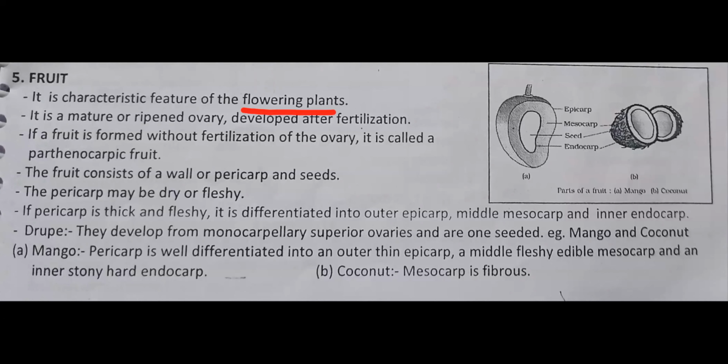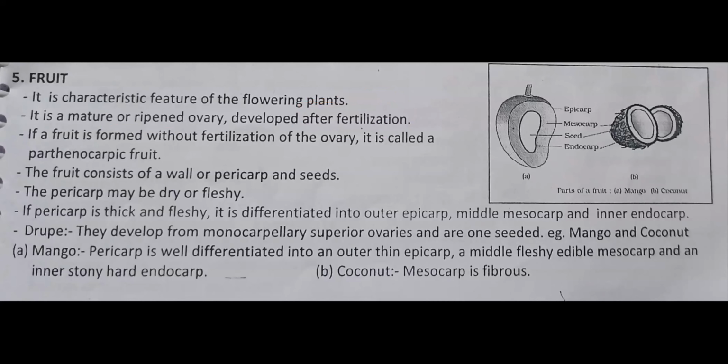Basically, we can say that fruit is a mature or ripened ovary developed after fertilization. Okay, fruit, remember, is formed from the ovary after fertilization. So mature ovary, or we can say the ripened ovary.